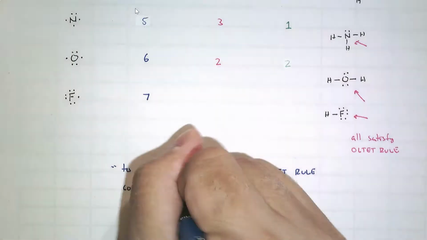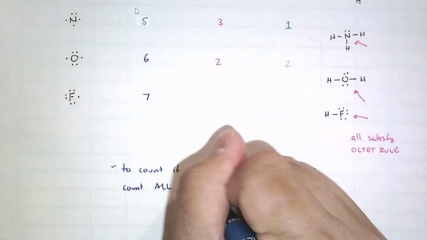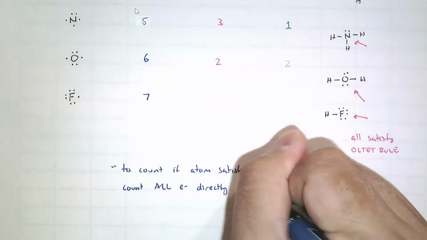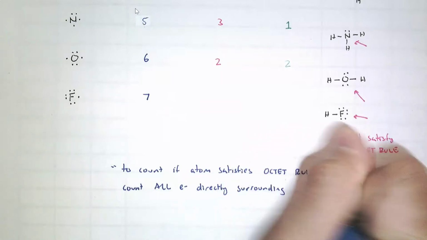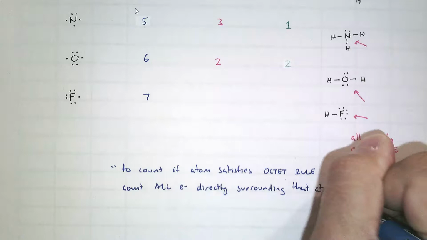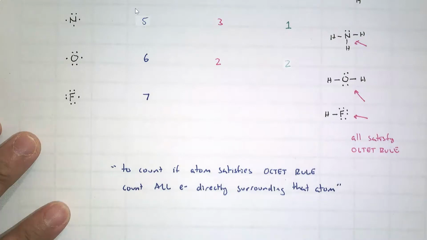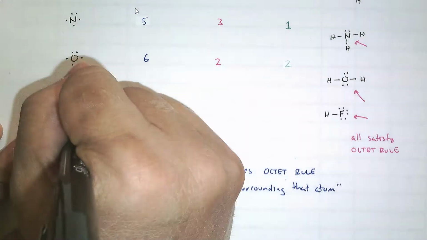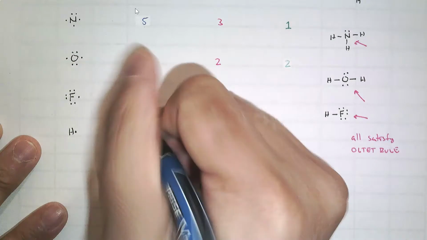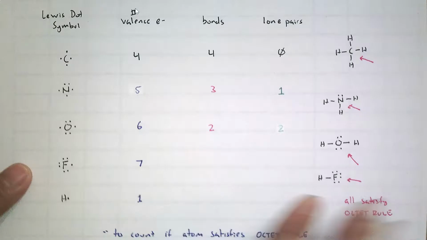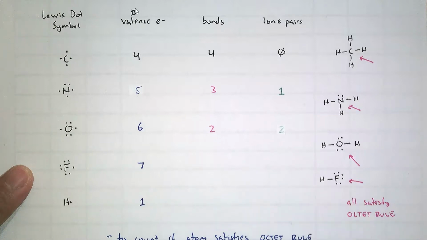Count all electrons now. Remember that phrase. Hydrogen is a little bit different because it only has 1 valence electron. Oh, we never finished the bonds and lone pairs for fluorine. We have 1 bond, 3 lone pairs.